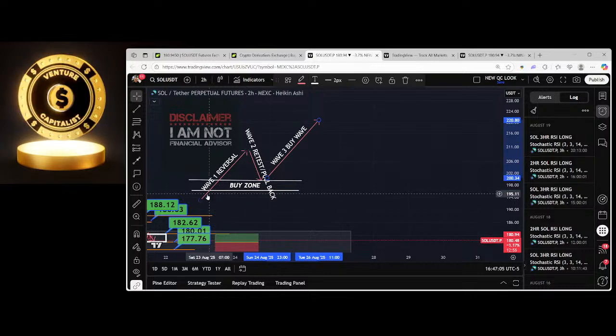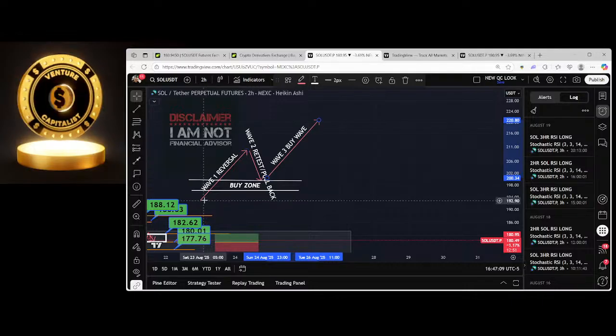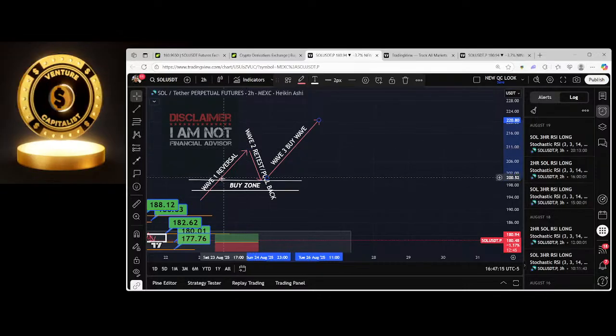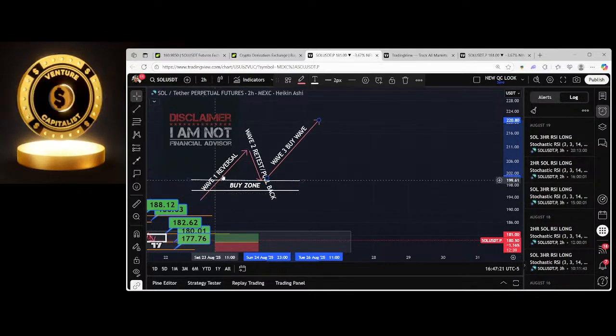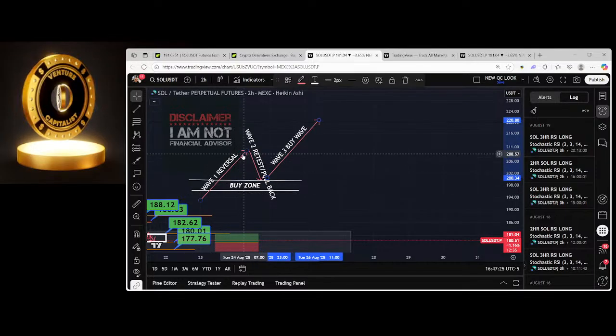So they made, let's say they put 10,000, 50,000, let's say they put 100,000 here. This moves up, this is let's say a 2% move, right? 2% move.